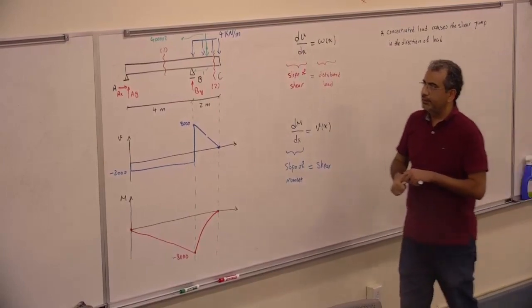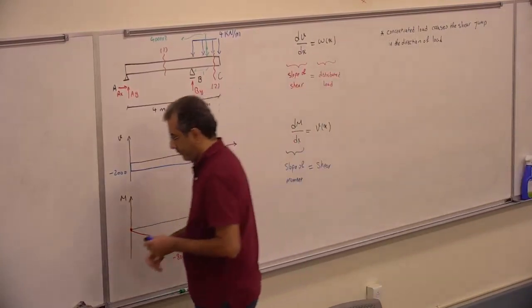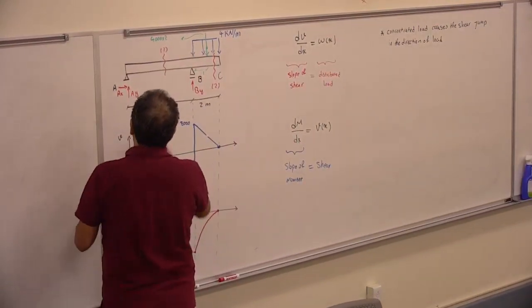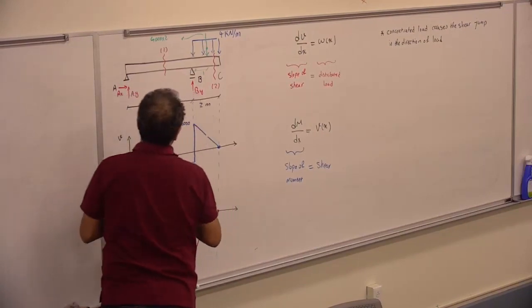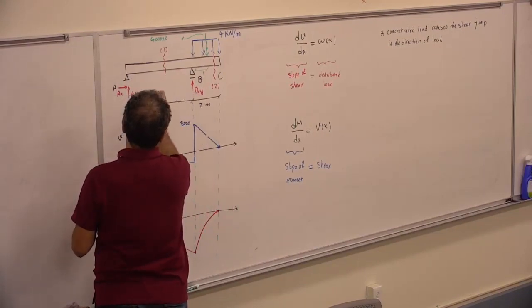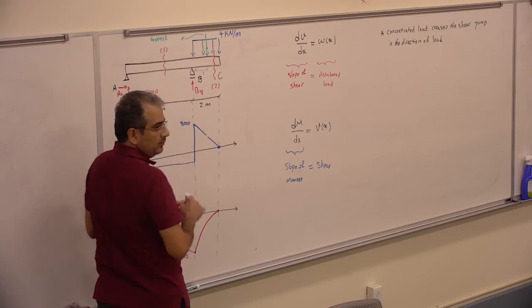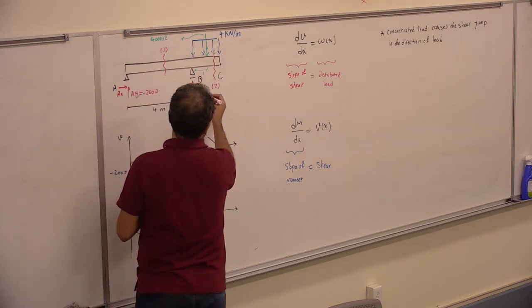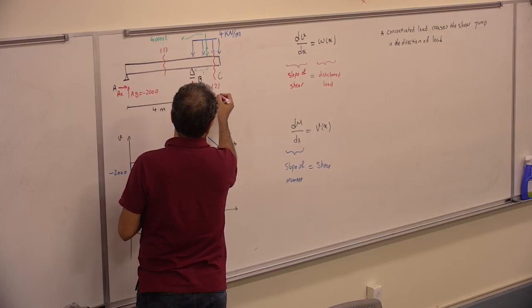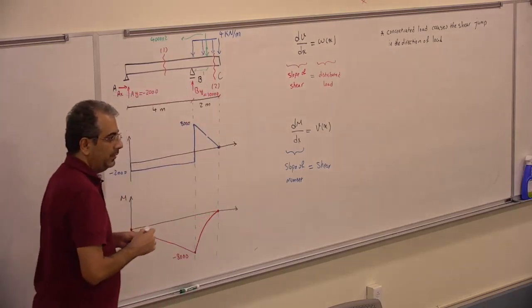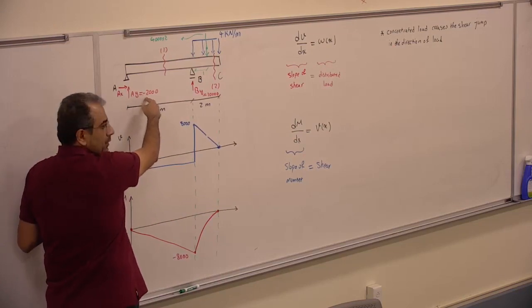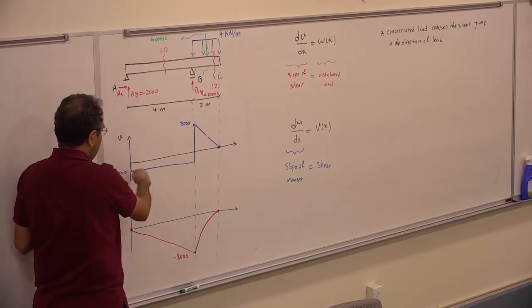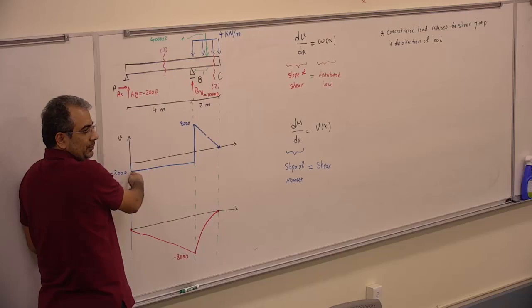So look at here. How much was that Ay? Was negative 2,000, correct? How much was this one? 10,000, correct? But look at here. Negative 2,000. It pushed down the negative 2,000.